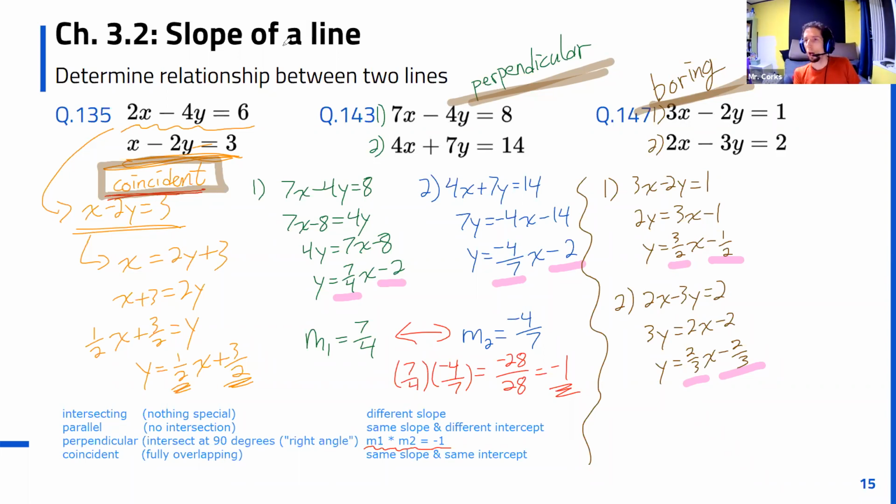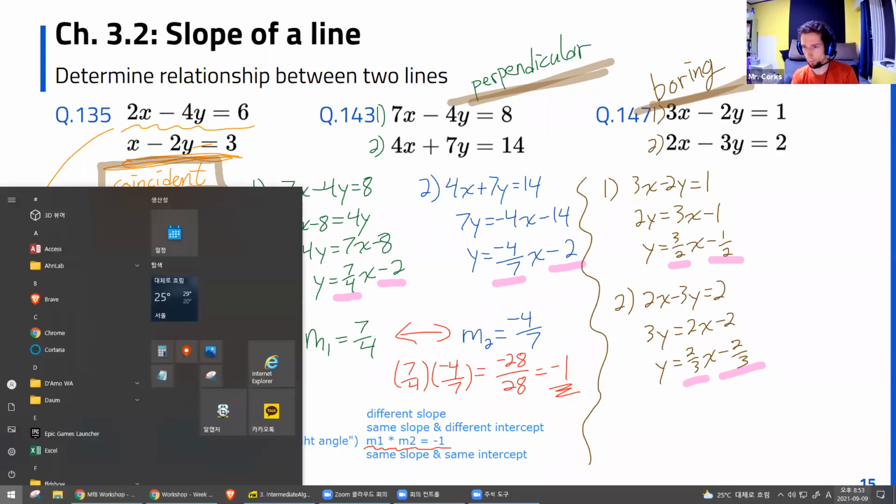All right, let's take a little breather. We've gone through more than half at this point, but before we do the other full-on equations of line stuff, what time are we at here? We have 8:53. Let's take a break and come back at 9 o'clock, and then we'll go through the last few questions.